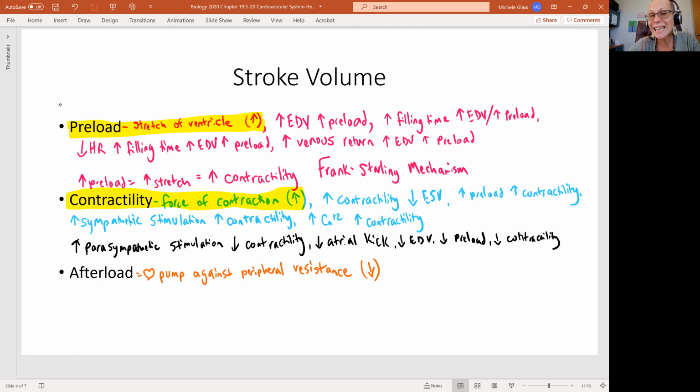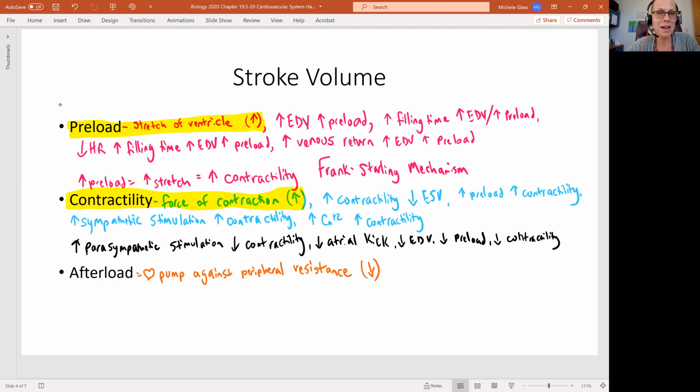You want it to be easy to get the blood out of the heart, pumping through the arteries, pumping to the capillaries, and then from there moving to the venules and the veins. So you want the afterload to have a small value in order to have a high stroke volume.